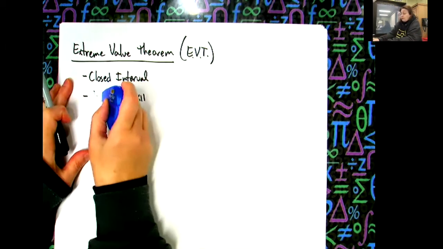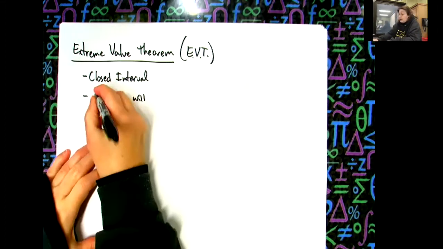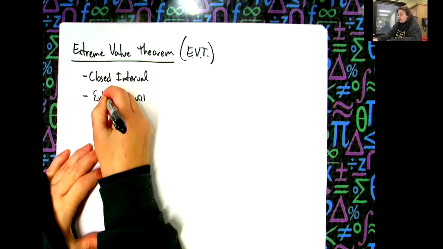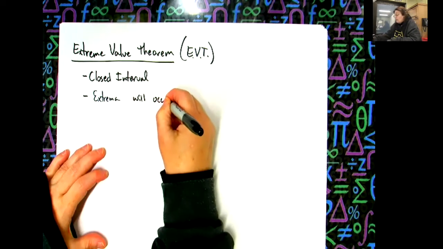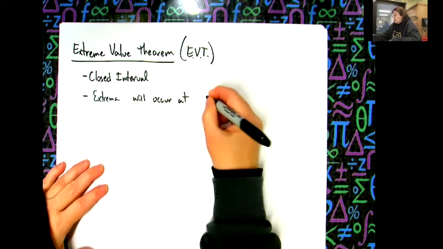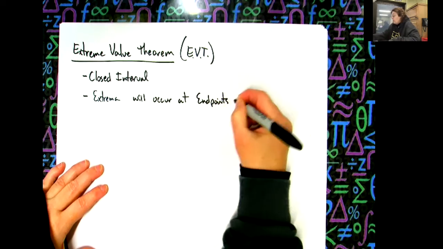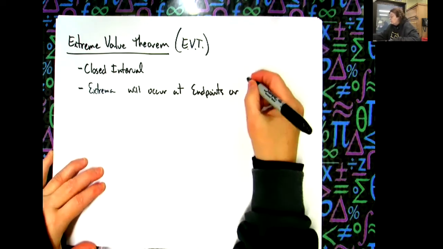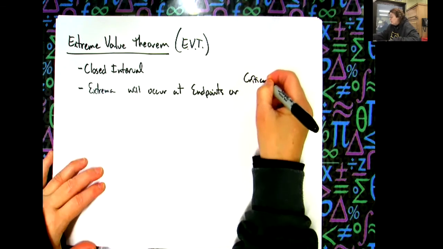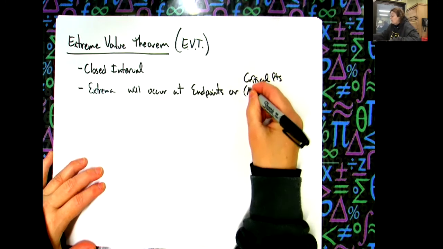Let's say extrema will occur at endpoints, or, and if I was in calculus, I would use the words critical points. But you don't know that definition yet, but you do know maxes and mins.